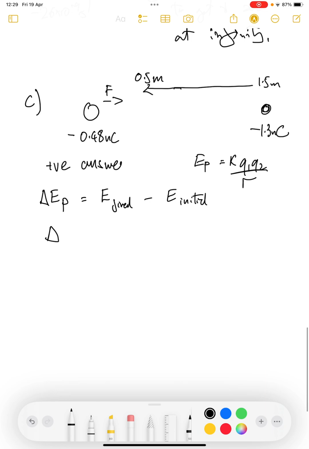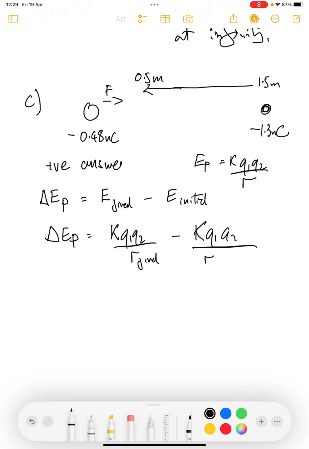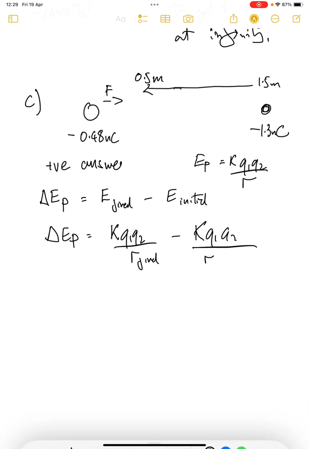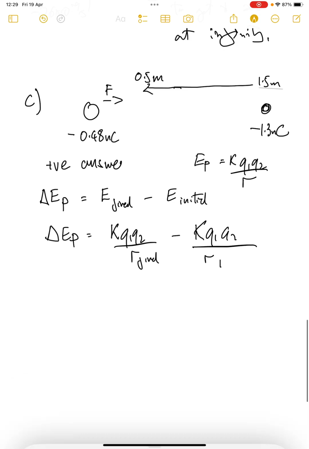So this is the same as my work done, because if I'm changing potential, that's what it is. So it's going to be K Q1 Q2 over R final minus K Q1 Q2 over R initial.